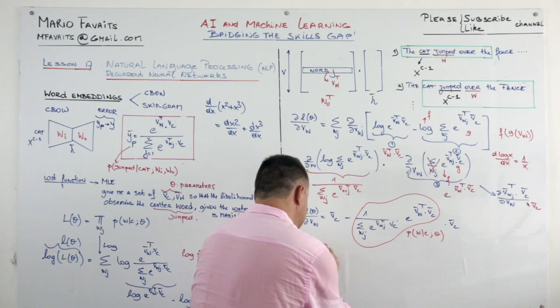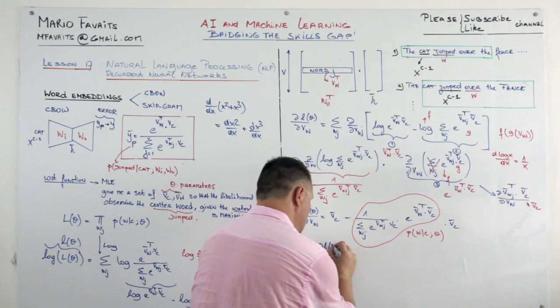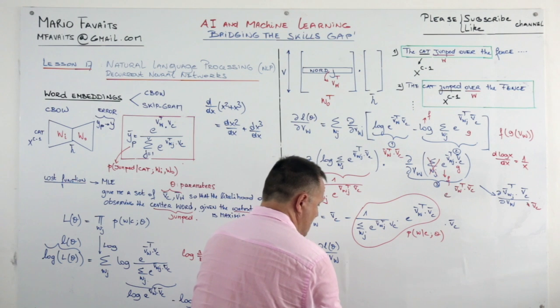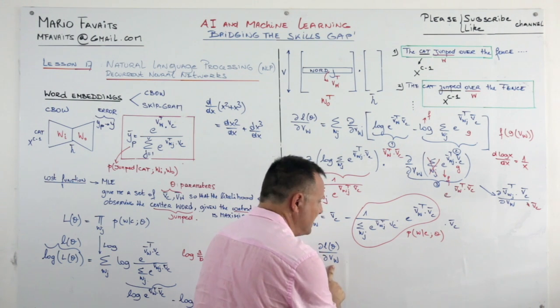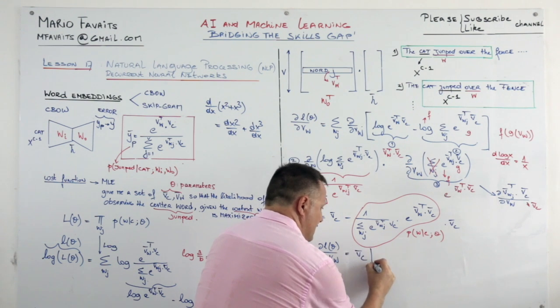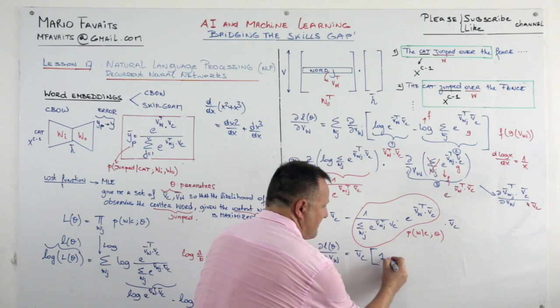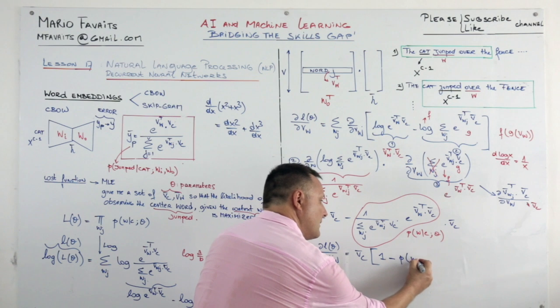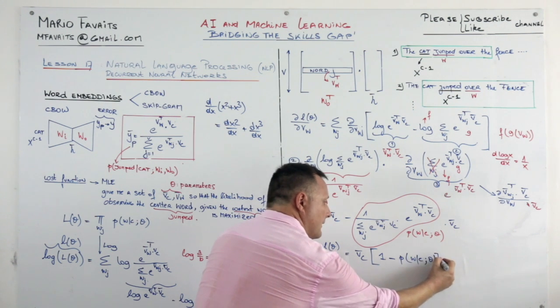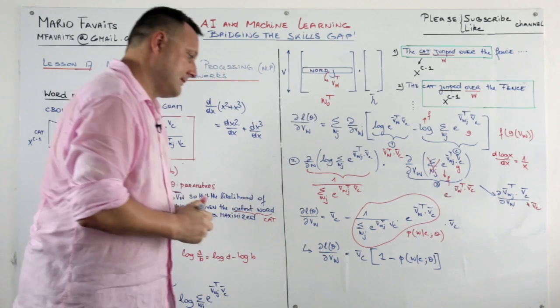So that means that the log likelihood with respect to vw, we have vc times 1 minus P(w|c, theta).